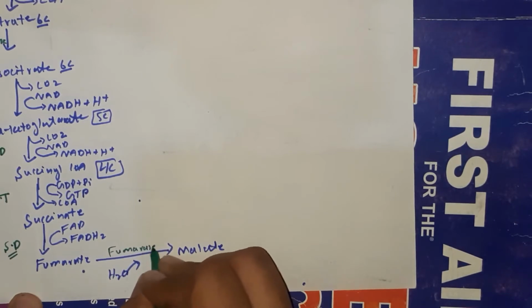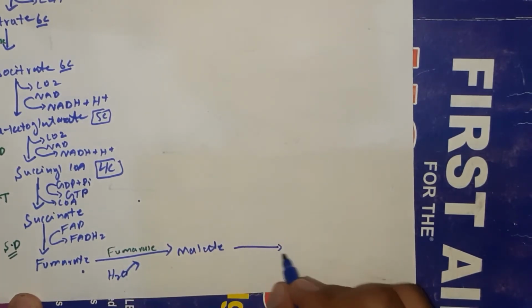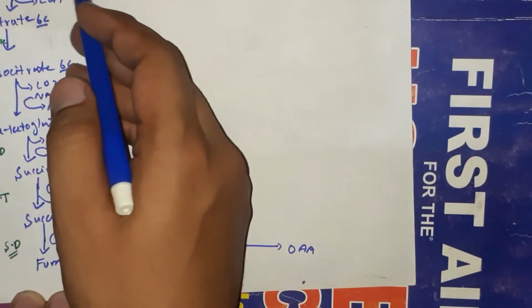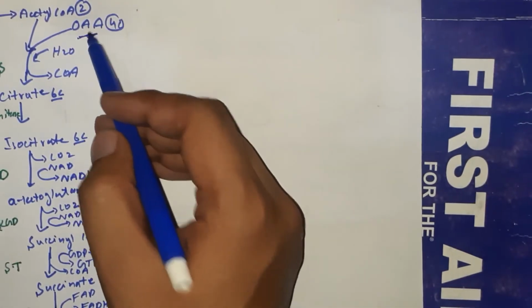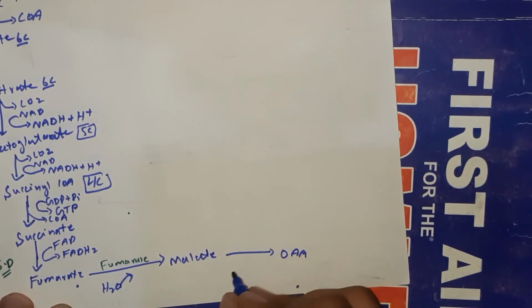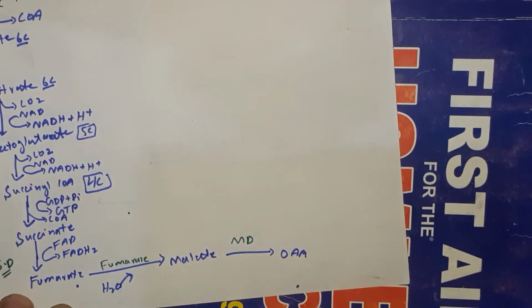And next, this malate is converted into oxaloacetate, the initial intermediate of TCA cycle. This reaction is catalyzed by enzyme malate dehydrogenase, and in this reaction again one NAD comes and gets converted into NADH plus H.